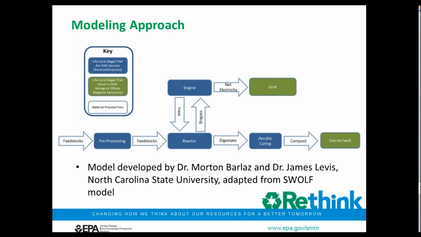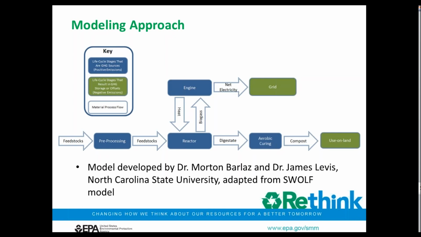Then moving upwards, the biogas is, as modeled in WARM, sent to an internal combustion engine, where the biogas is assumed to be combusted. We assume that there are some methane losses in that process, but also that some of the heat from the engine can be recovered and fed back into the reactor to offset any of the fuel that might be needed to keep the reactor at the appropriate temperature that it needs to run.